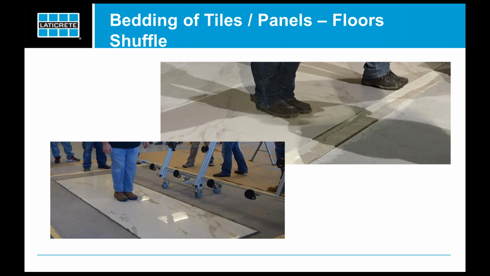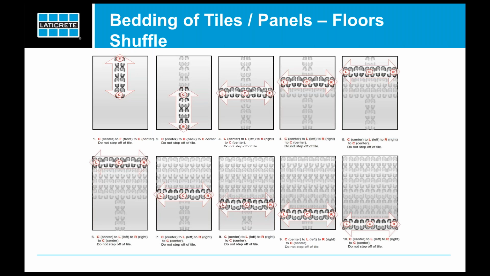So you'll see the gentlemen here are systematically working their way across the tile, and they're embedding it in place this way. There's even a pattern, if you will, for the shuffling. So you see how you go back and forth, you go one way, and then you go the other way, and then you systematically try to embed the entire panel in this manner.